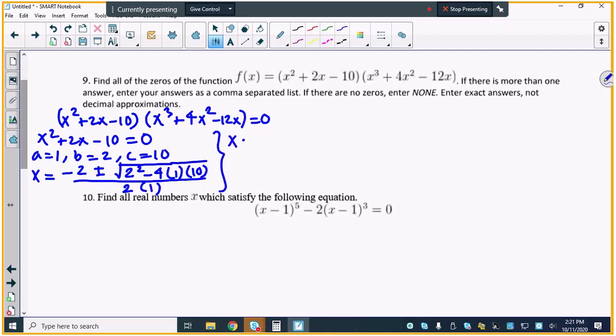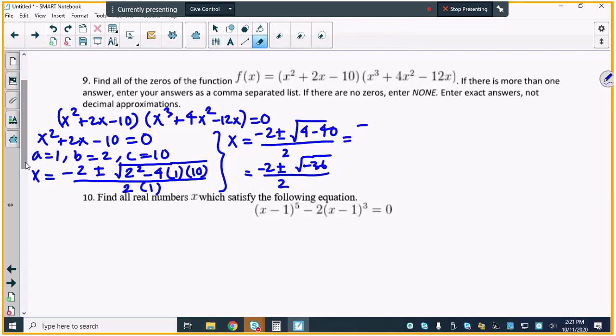So what I get is x equal to minus 2 plus or minus, under the square root, I will have 4 minus 40, over 2, which is minus 2 plus or minus square root of negative 36. So I get complex answers. So let me write it one more time.